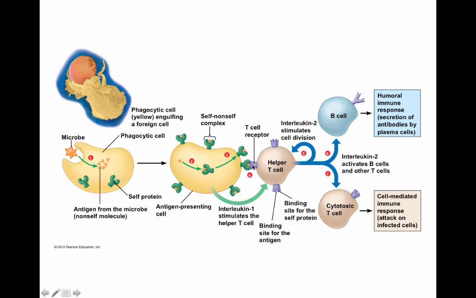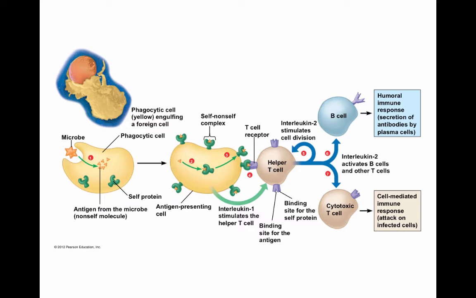The helper T cell is then stimulated by this presentation. In addition, though, the antigen-presenting cell makes some molecules, interleukins, that will increase the stimulation and activation of the helper T cell. Both of these, the antigen being presented and the stimulatory molecules made by the antigen-presenting cell, really get the helper T cell excited.